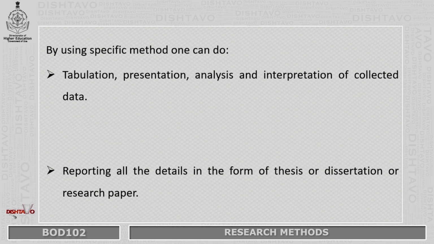By using specific method, one can do tabulation, presentation, analysis, and interpretation of collected data. By adopting a proper methodology, you can do the reporting of all the details in the form of thesis or dissertation or research paper.